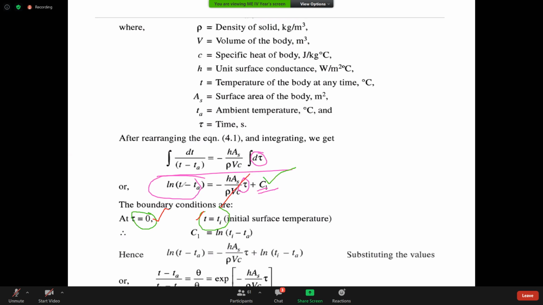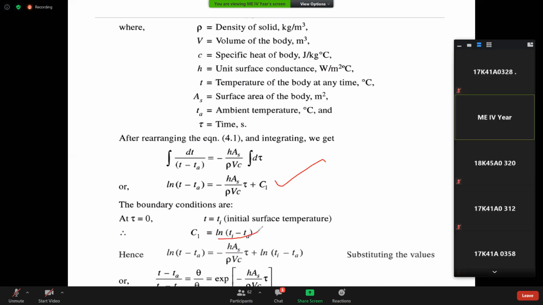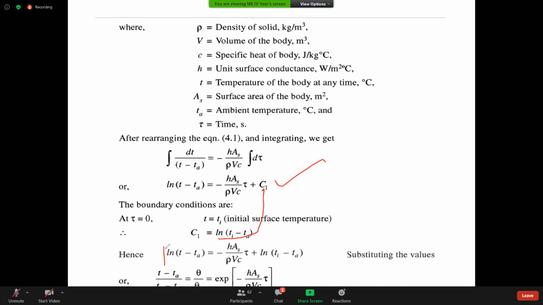In place of T, we can substitute Ti. So C1 is equal to ln of Ti minus T infinity. Ta indicates T infinity, the ambient temperature, right? Substitute this C1 in the main equation, so that this is the equation.